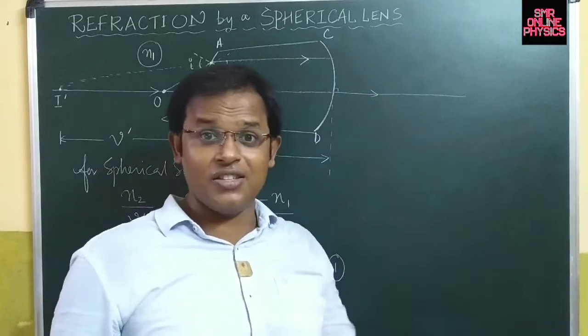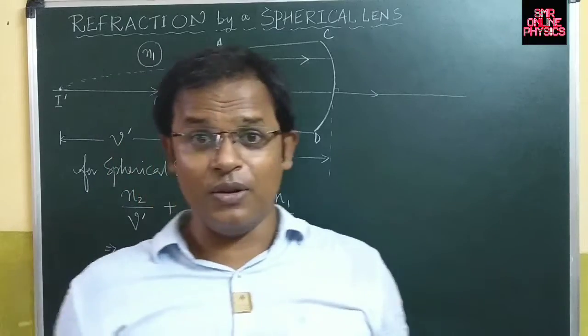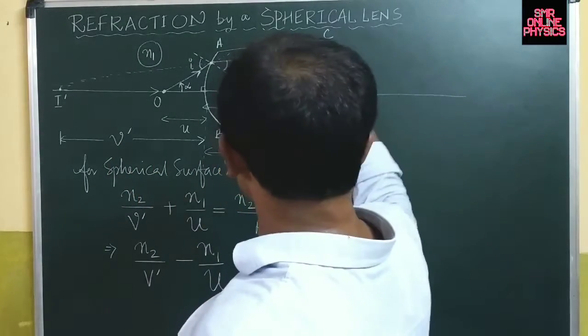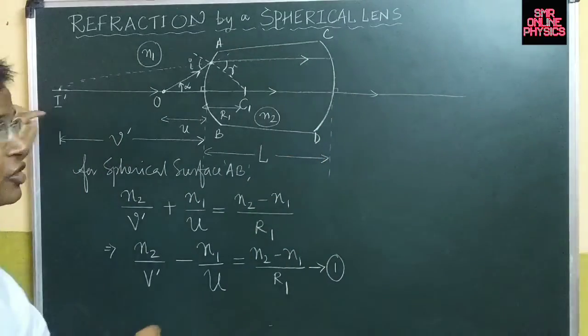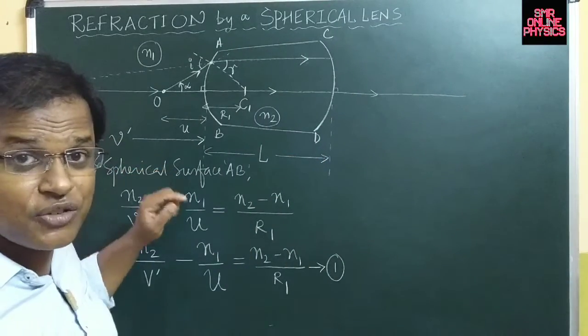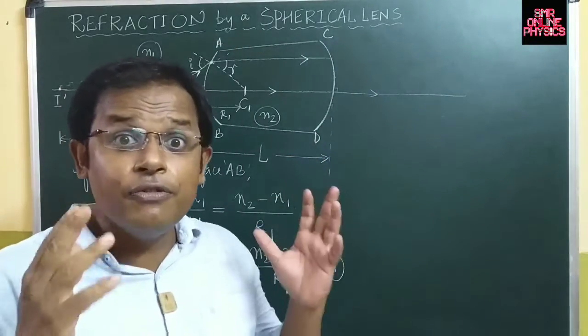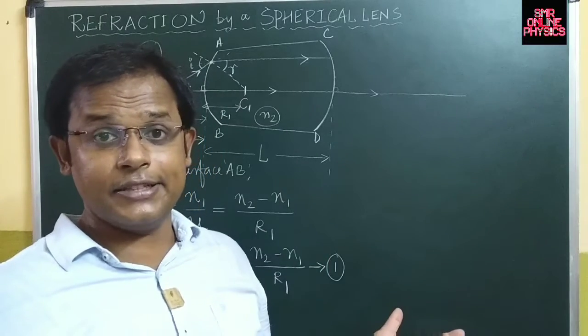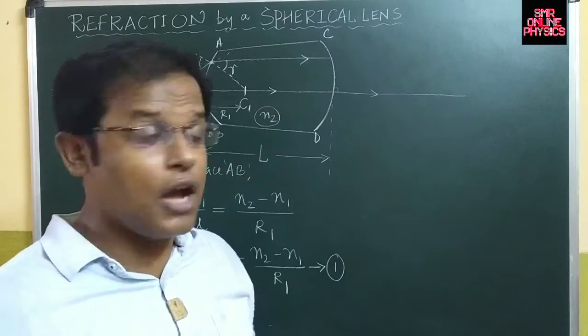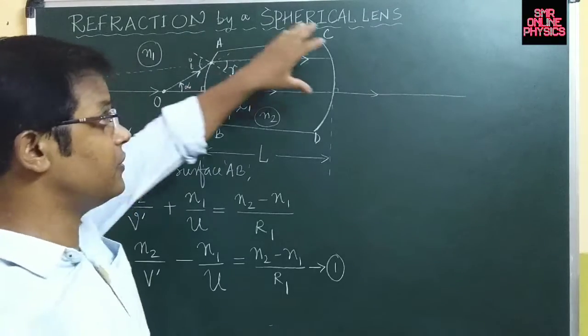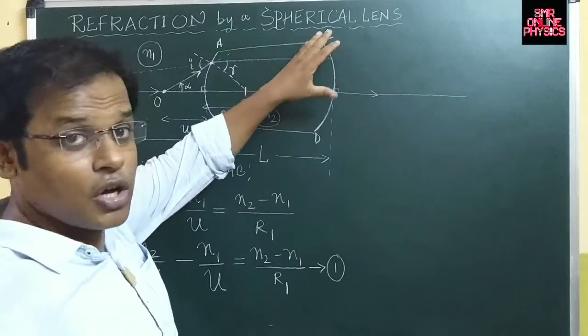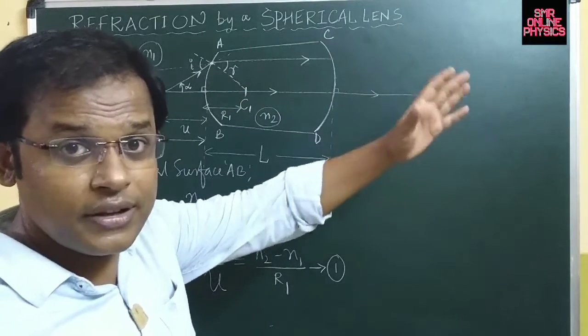That's the trick in this derivation. Be very careful, be very focused. For this particular imaginary person, this I prime, the virtual image from the first refraction, will be behaving like a virtual object. Something new it sounds. This virtual object for this refracting surface will be the cause for the formation of the actual real image.